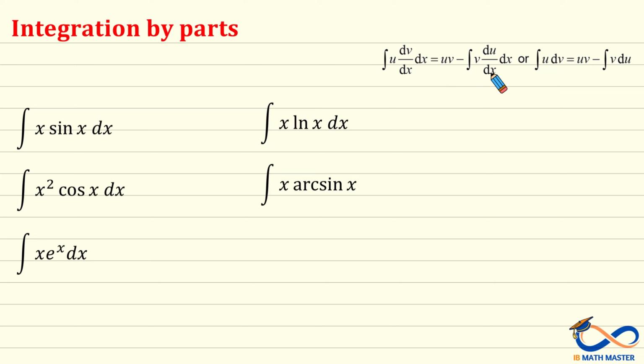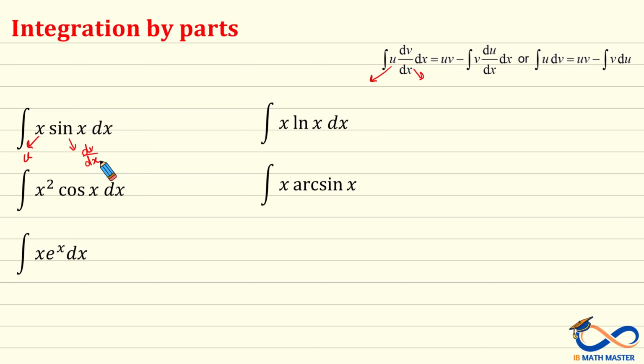So here, this is the integration by parts formula which is given in the IB Math booklet. As you see, first we assume the u substitution. So here, for example, u could be x. And the other one here would be dv over dx. So here, sine x would be dv over dx.